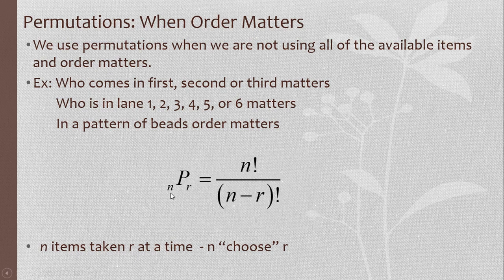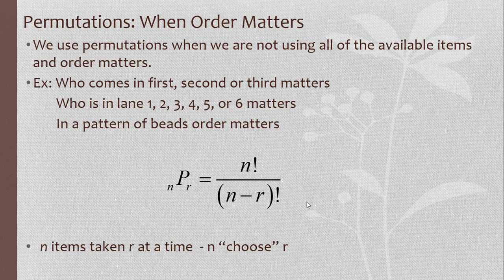So permutation is represented by this capital P. So it's nPr, which is represented as n factorial divided by (n minus r) factorial. Now, the good news is that that function is available on your calculator. It's under the math functions.